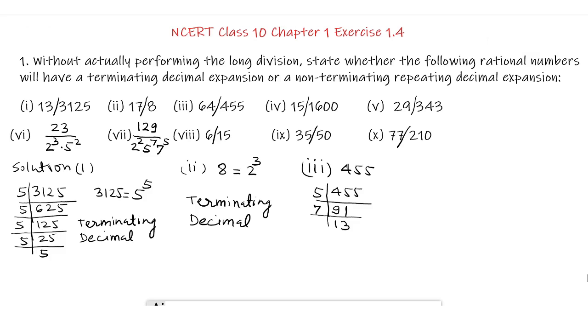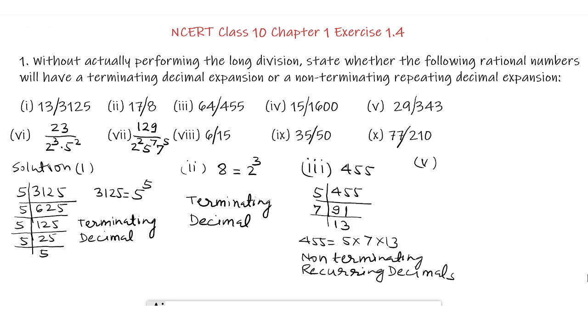So the prime factors of 455 give us 455 equal to 5 multiplied by 7 multiplied by 13, and as the denominator is not of the form 2 to the power m into 5 to the power n, hence this is non-terminating recurring decimal.